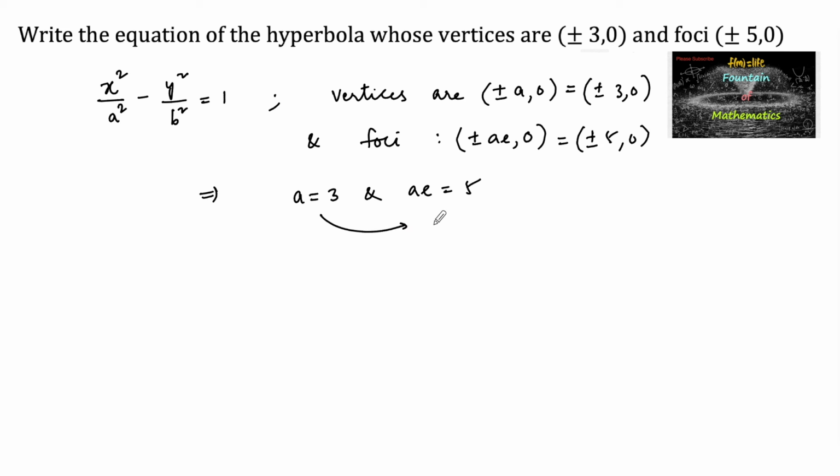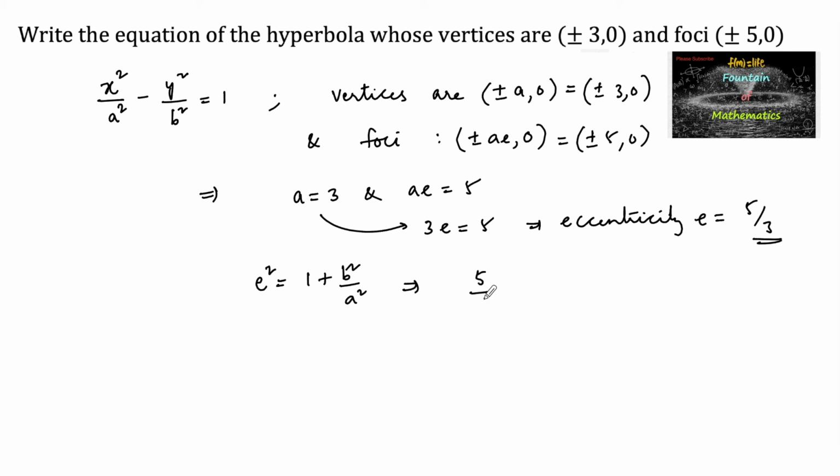So substitute a is equal to 3 here. So 3 times e is equal to 5. So the eccentricity of hyperbola e is equal to 5 by 3. Then we have eccentricity e square is equal to 1 plus b square by a square.